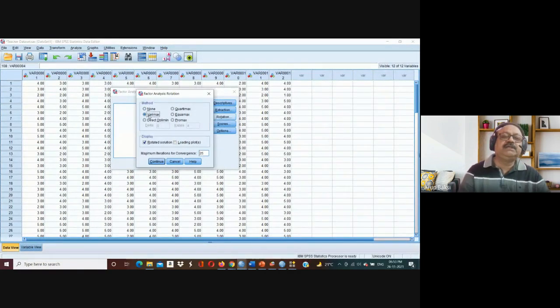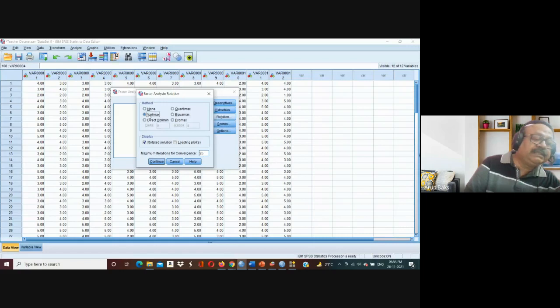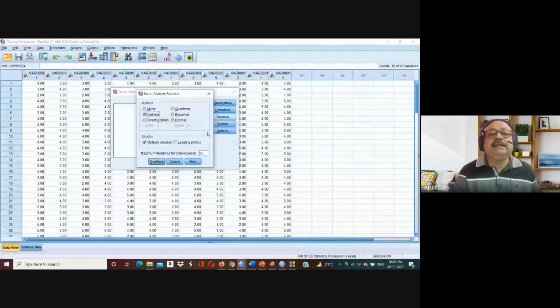You see, there are two different kinds of rotation. One is oblique rotation, and the second one is called orthogonal rotation. Now, orthogonal rotation doesn't allow the factors to correlate. But oblique rotation actually makes the factors correlate with each other.